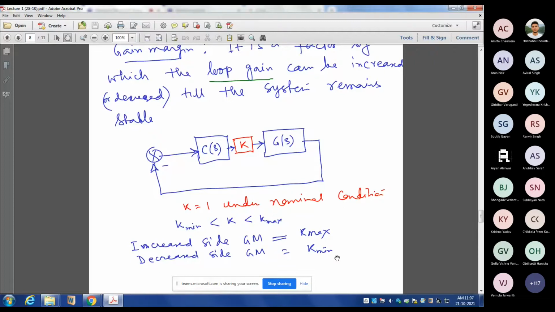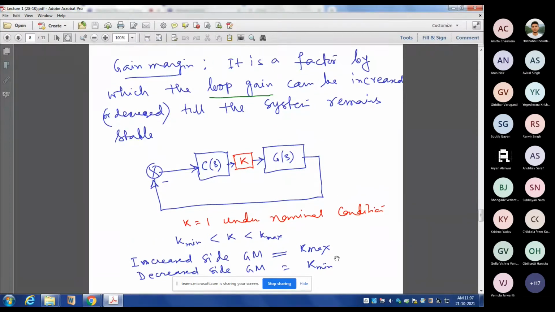Remember, again and again I am saying that when you define gain margin, you should not talk about gain crossover frequency, phase crossover frequency, and Bode plot. You need not talk about them because it is a physical thing. You have a feedback loop, and you are increasing the gain of the feedback loop.